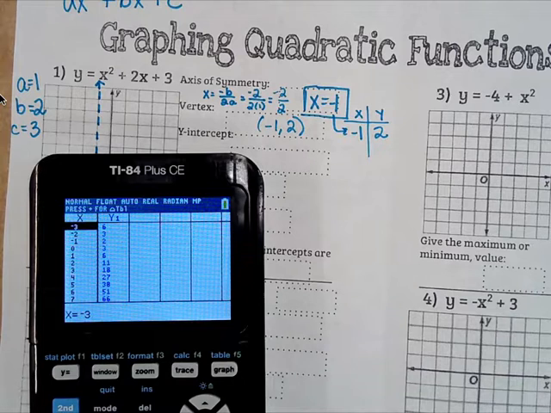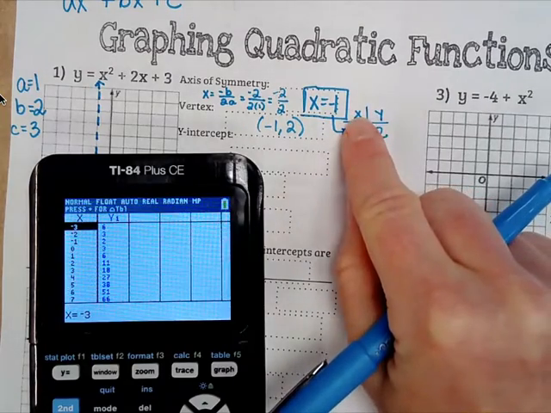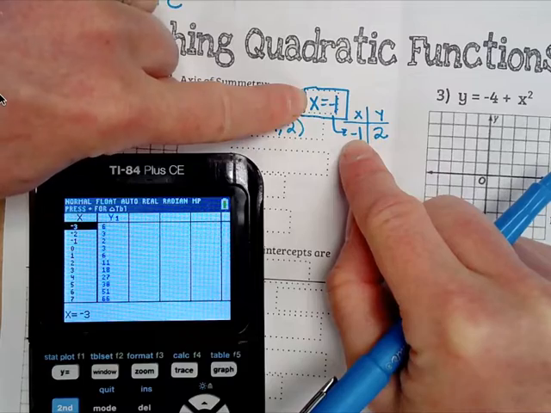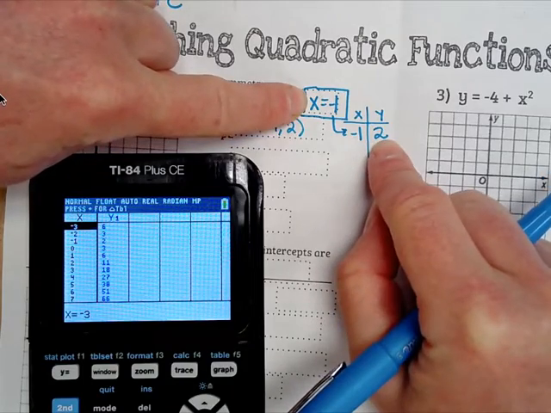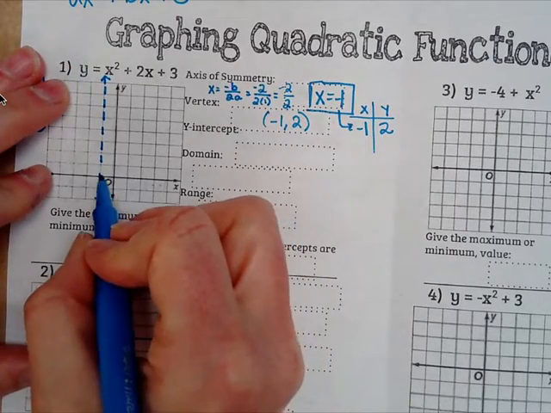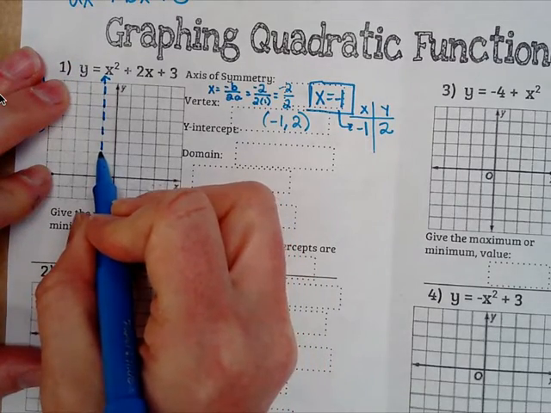You're just looking for one point right now. The vertex is on the axis of symmetry. So that's why we look at the x value of the axis of symmetry and find what matches with it. Now we can plot that point. Negative 1, positive 2.